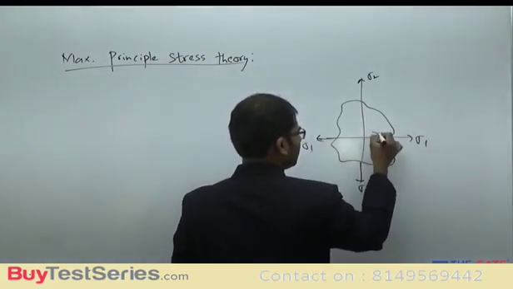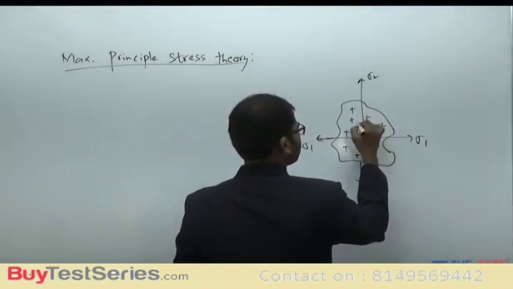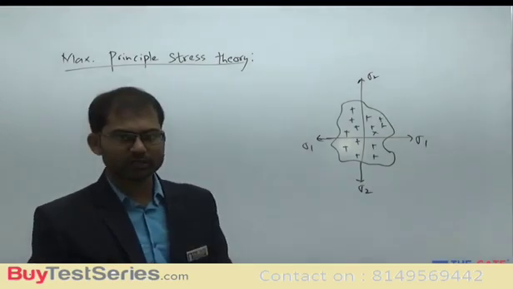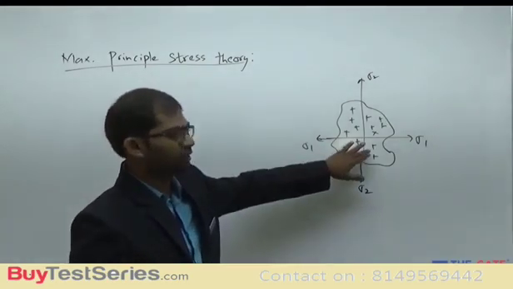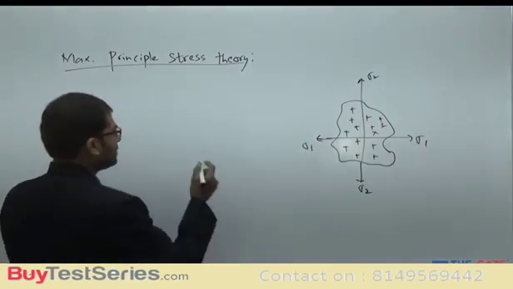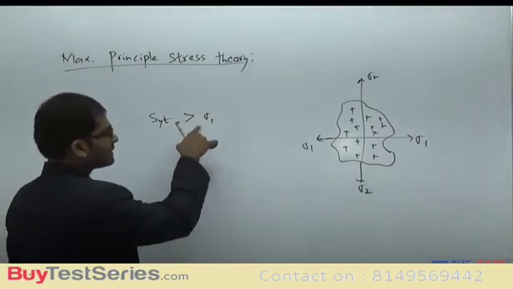So we'll find out the region of safety here. This region of safety will be having plots of sigma 1 comma sigma 2. So the sigma 1, sigma 2 values will be inside the region like this. If your sigma 1, sigma 2 coordinates are coming inside this region, that means the metal is going to be safe. That means here SYT greater than sigma 1, this inequality is satisfied.